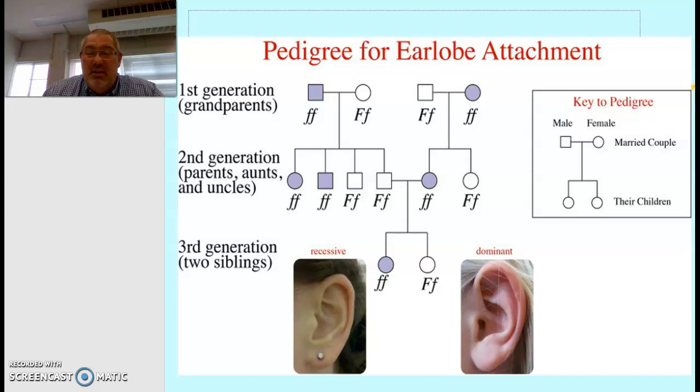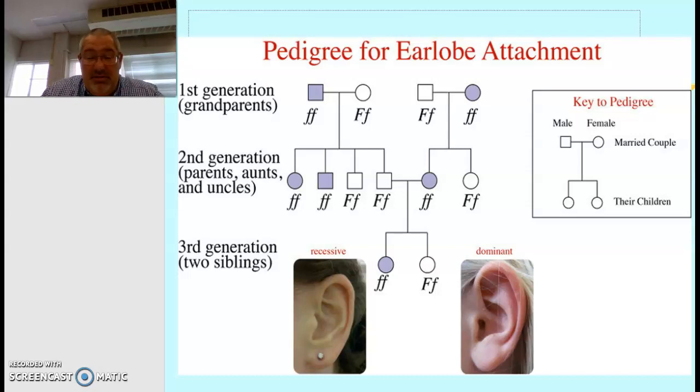A pedigree is kind of a chart that tracks the occurrence of a condition through a family, using color coding, either squares and circles to represent males and females, and then shading in the circle or square for an individual that has the condition. An open circle or square indicates an individual that does not possess that particular condition.